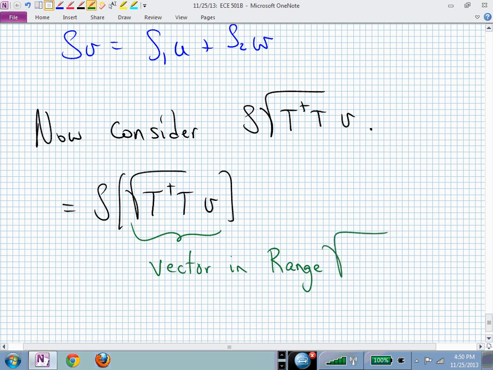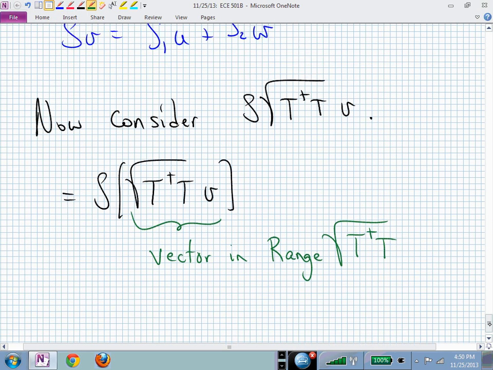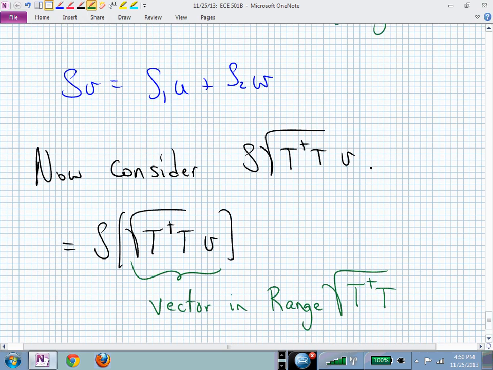Which is the positive square root of T dagger T. Well, if that's the case, then based on how S decomposes into S1 and S2, when operating on a vector in the range space of the positive square root of T dagger T, it's just going to be S1 of that vector, because everything else is going to disappear or is orthogonal to that.